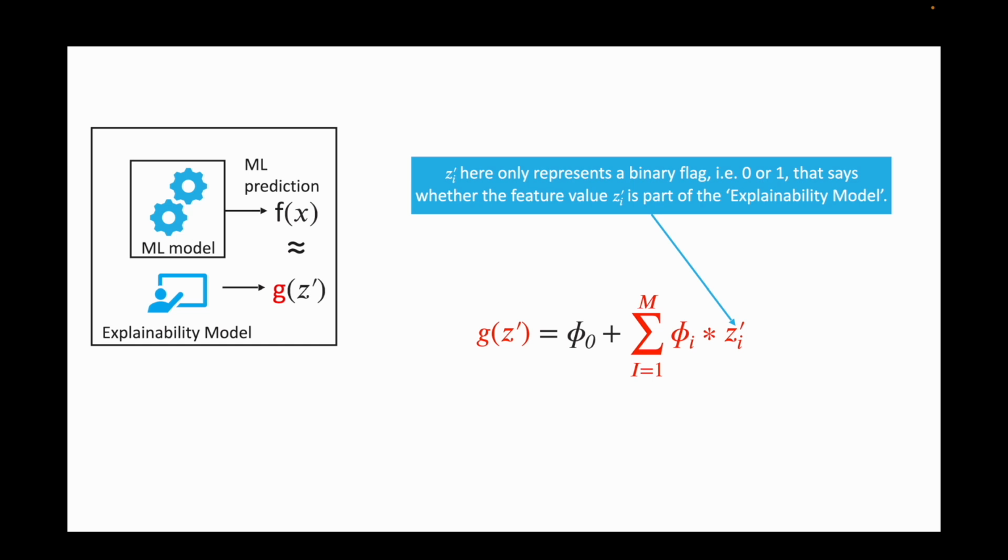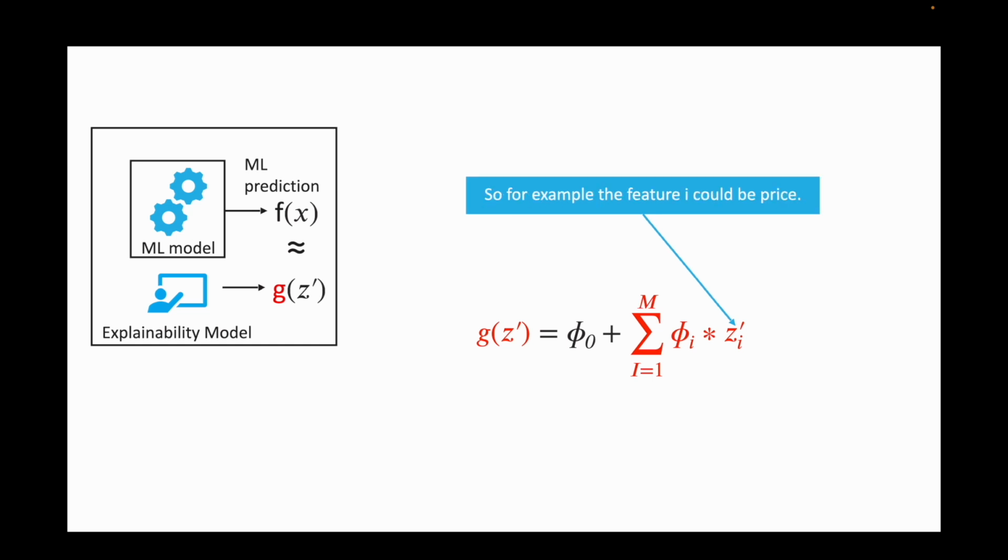z prime sub i here only represents a binary flag, that is 0 or 1, that says whether the feature value z prime sub i is part of the explainability model. So for example, the feature i could be price.